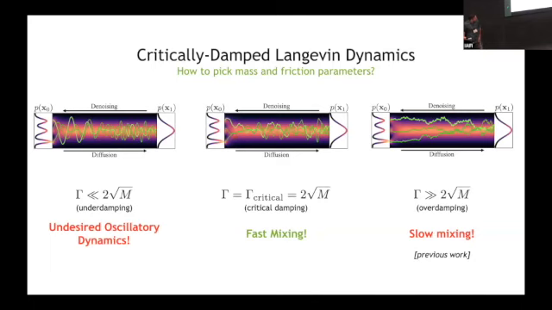And note that in all three plots, I should explain this more. In the background, the red marginal distribution is always the one that corresponds to the critical damping case, and only the green trajectories that you see correspond to the three different under damping, critical damping, and over damping cases. That makes it easy to compare. So in this case, we see we have fast mixing. Now, what all other diffusion models do is basically that on the right-hand side.